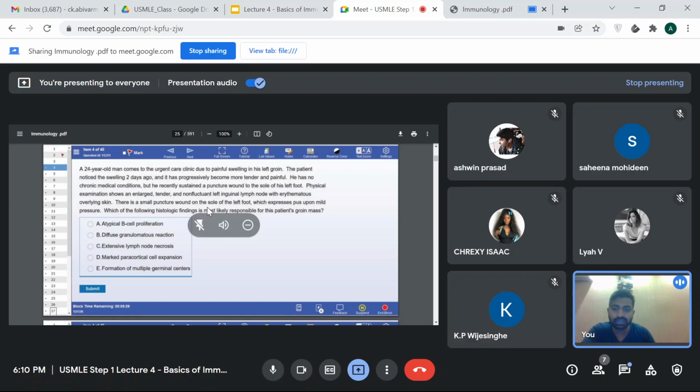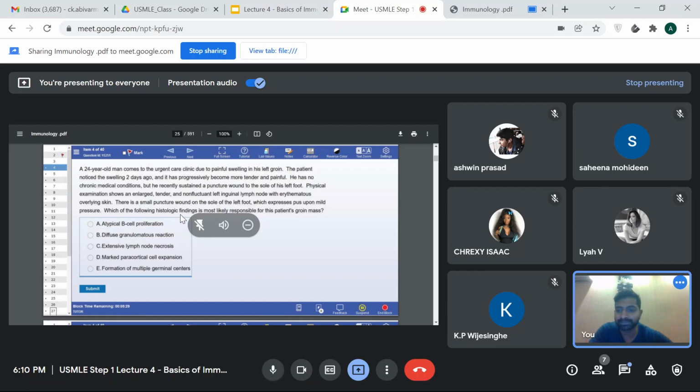Which of the following histological findings is most likely responsible for this patient's groin mass? Atypical B cell proliferation. Atypia is usually seen in some kind of cancerous process, and this is not cancerous. Diffuse granulomatous reaction. There's nothing here to suggest a granulomatous reaction.